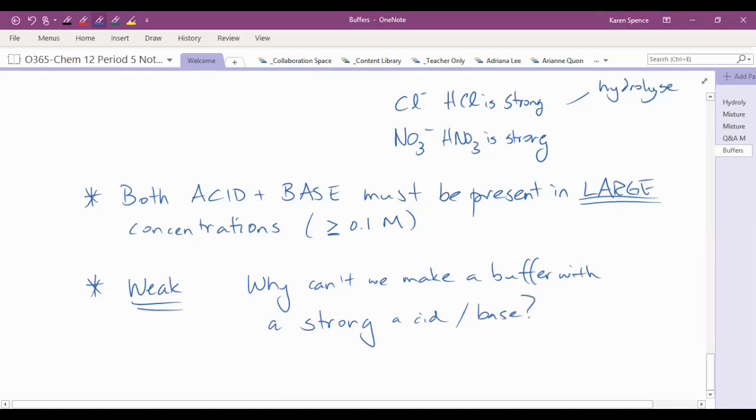What do you guys think? Yeah, absolutely. They dissociate completely. They can't go to equilibrium.